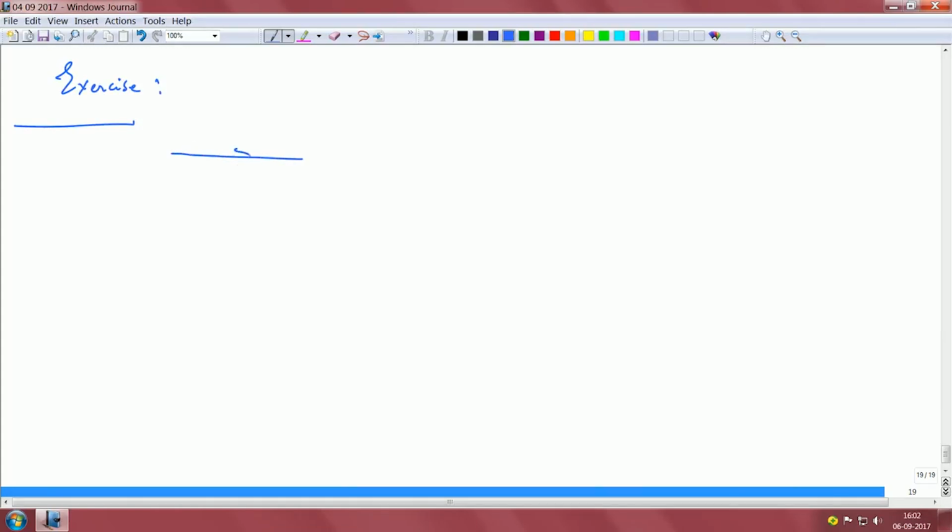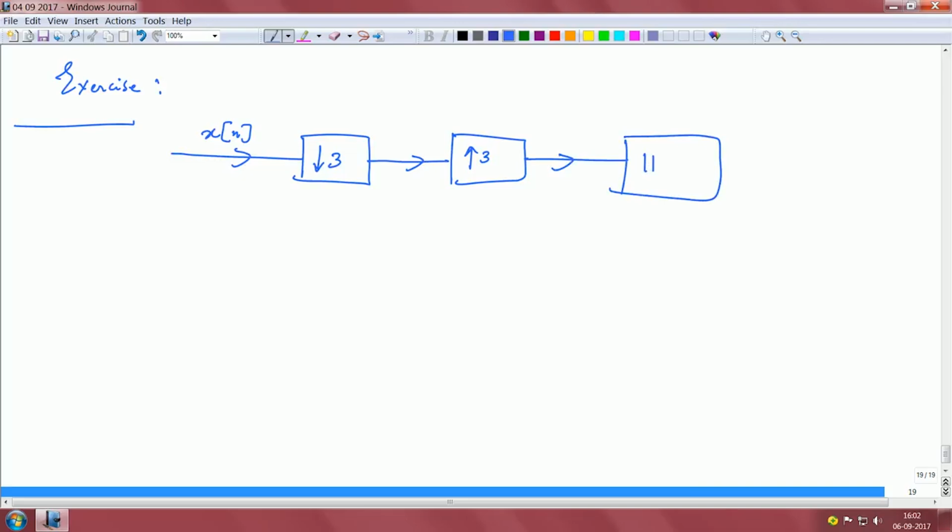Suppose I give you a discrete time signal x(n). I downsample this by a factor of 3, then I expand this by a factor of 3 followed by some filter H(z), and I get a signal y(n).